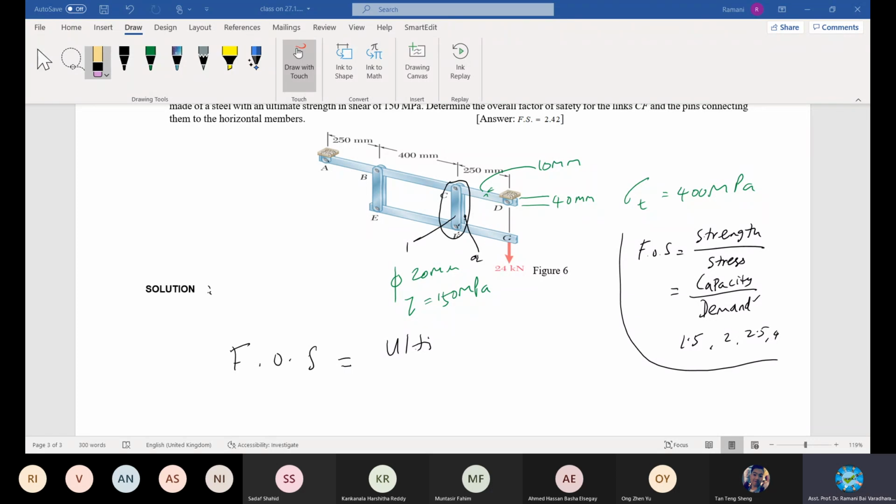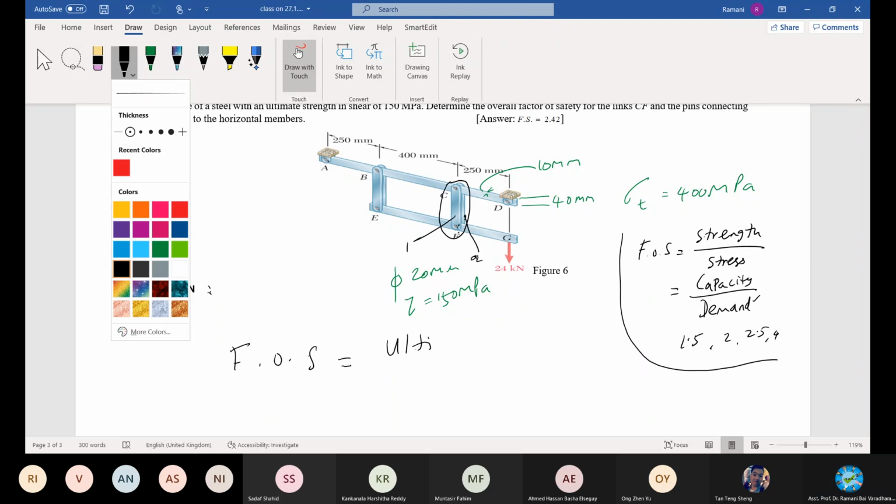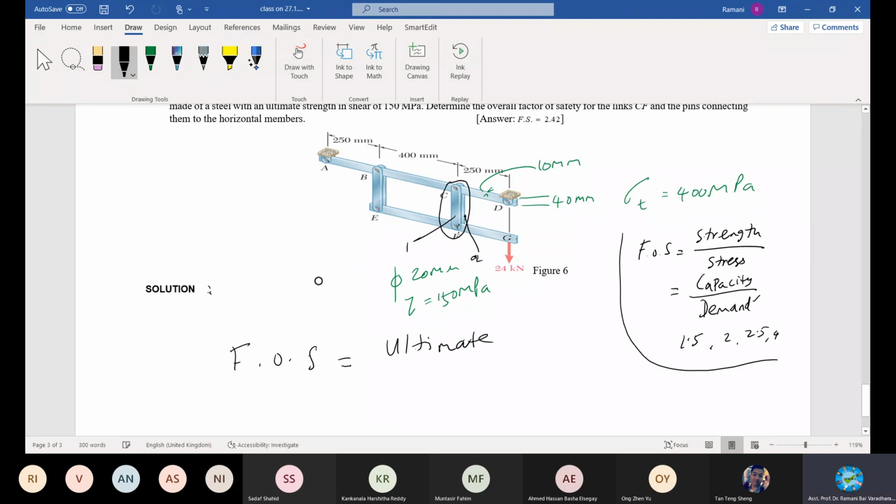Okay, let's continue with this. I write the usual formula, ultimate stress by allowable stress, easy for me to work out the answer. Ultimate stress, or if you want to compare stress, otherwise load.